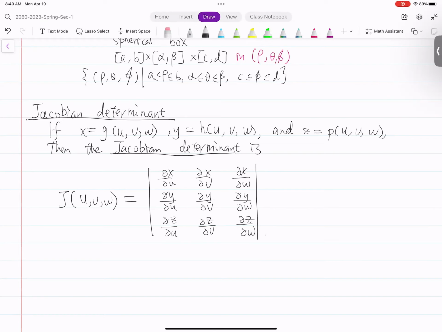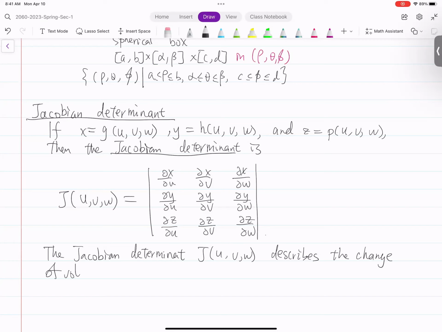All right. So we have the formula, but what does it mean? The Jacobian determinant J of u, v, w describes the change of volume from the coordinate system uvw to the coordinate system xyz.